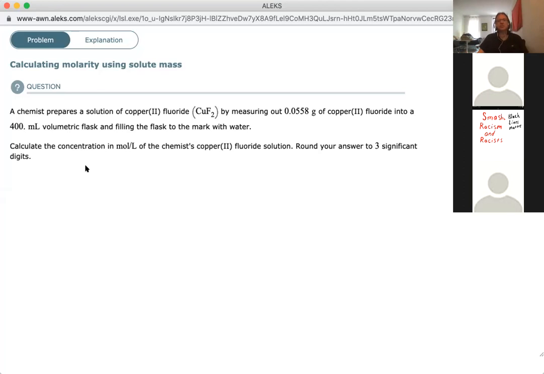Calculate the concentration in moles per liter of the chemist's copper 2 fluoride, rounded to 3 sig figs. Different chemists will use different units for specific types of problems, but in general, the most common form of concentration is moles per liter. That's why this section is focused on moles per liter.